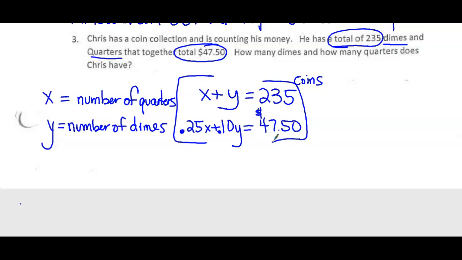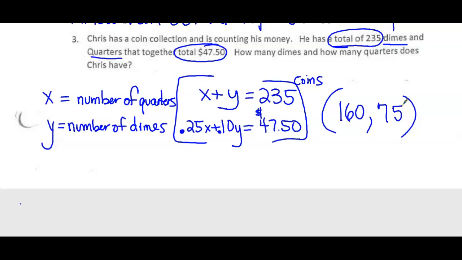Make sure you're always hitting enter after you type all your coefficients in. Then you're going to hit solve, and you get a solution. Hopefully the solution you get is 160, 75.